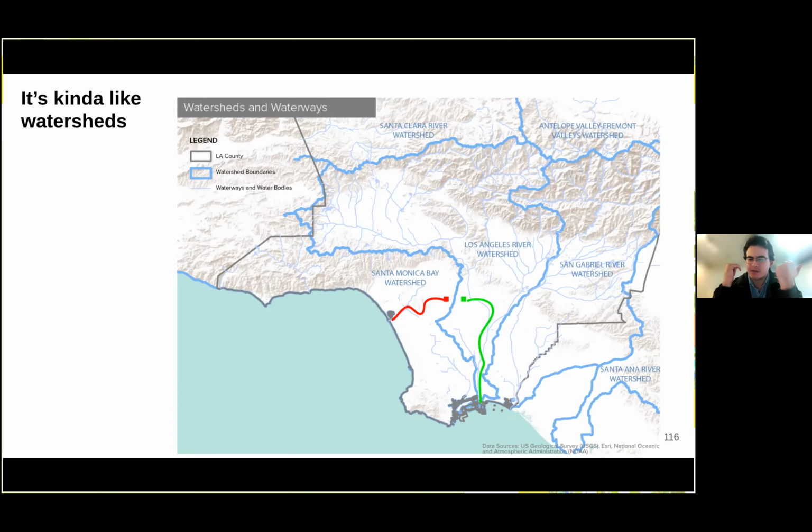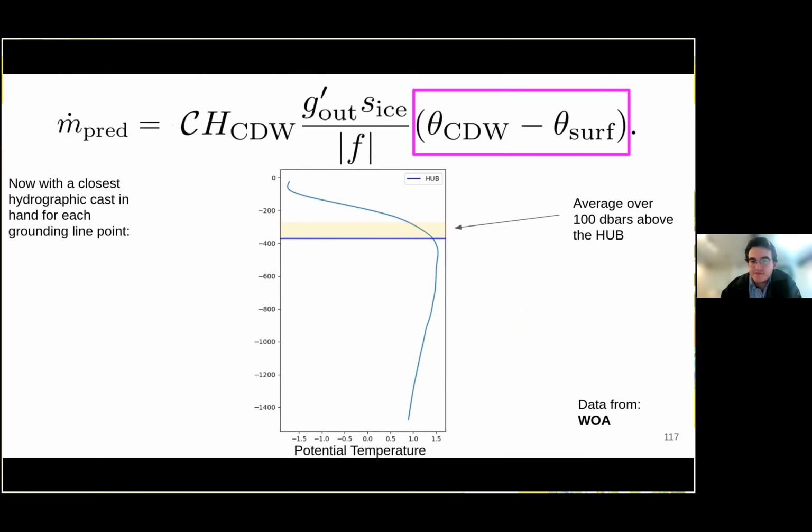And I think that's kind of similar to grounding line points in Antarctica, where you can have 2 points that are next to each other, but because of bathymetric features in between them, they could be sourcing CDW from really different points offshore. So that's kind of the analogy that I think of.